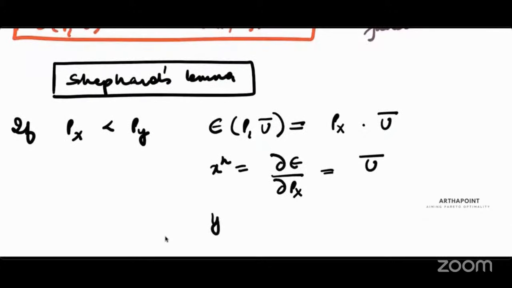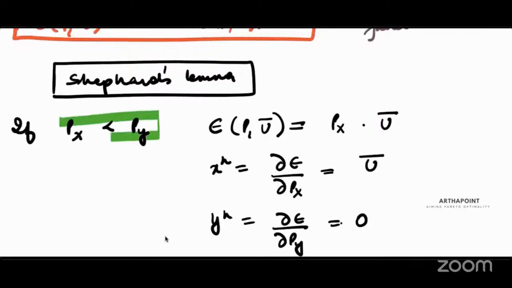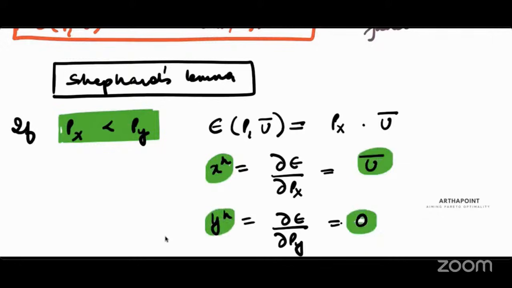And my y will be how expenditure changes when Py changes, which will be 0. So when Px is less than Py, Hicksian demand function for x is u bar, for y it is 0.